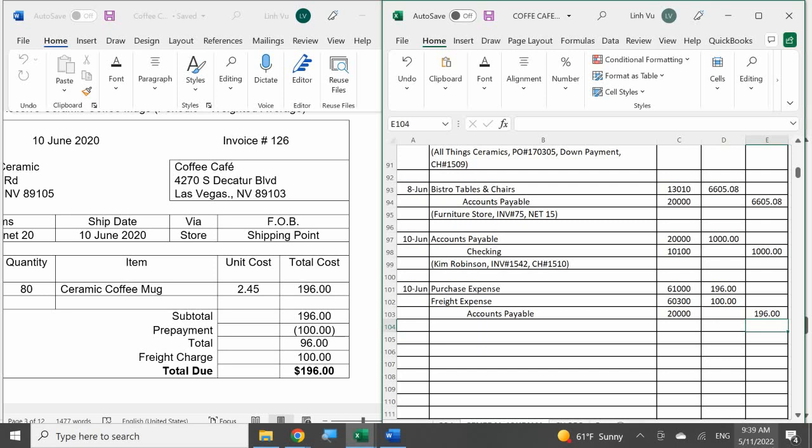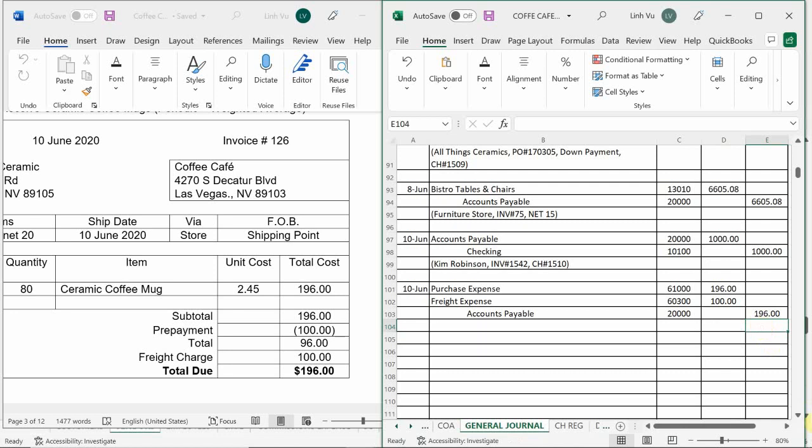So let's look at the bill. Where did that $100 go? The prepayment. So what account did I use for the prepayment? Not checking, that's how we paid. It's a prepayment.